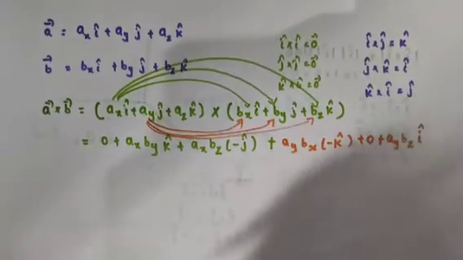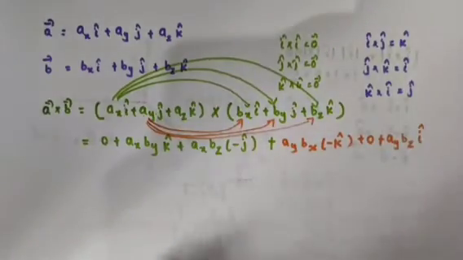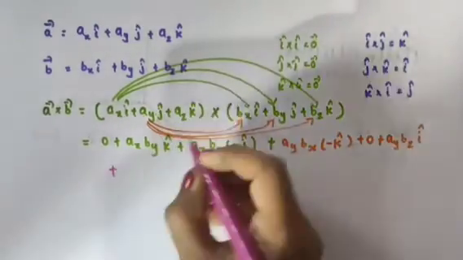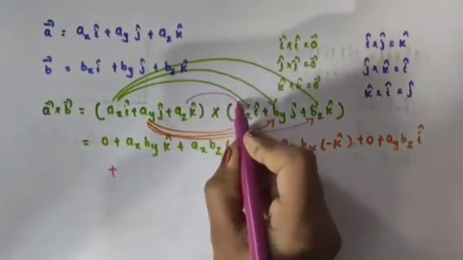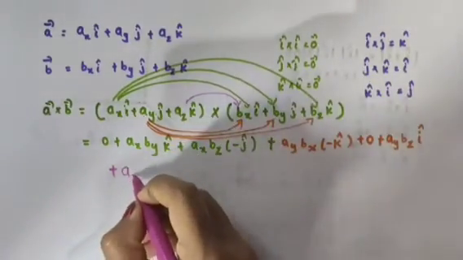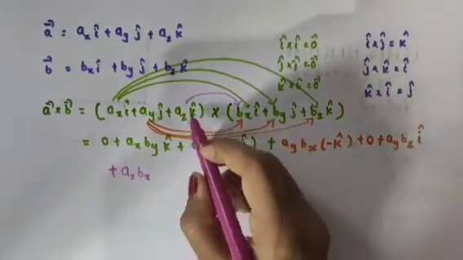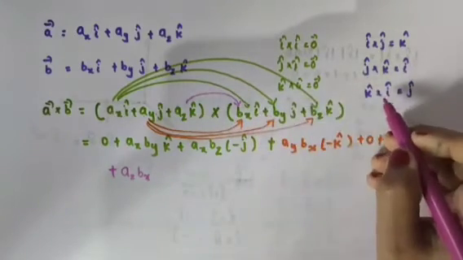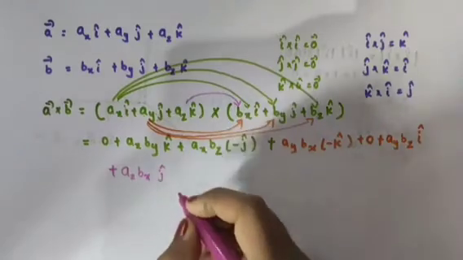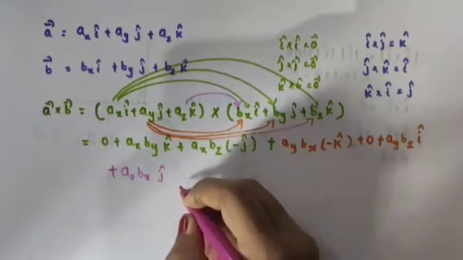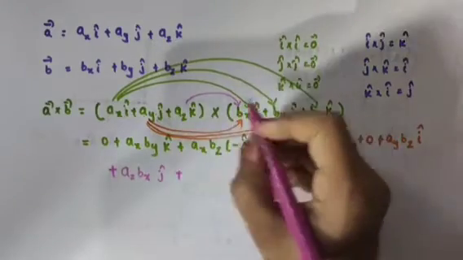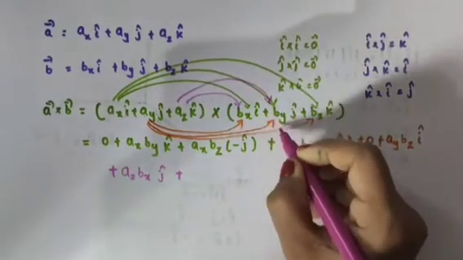Now let us simplify. I'll write down whatever we get. From az we multiply: az bx, that is k cross i. k cross i is j cap. So I'll write az bx j cap, plus az into by.